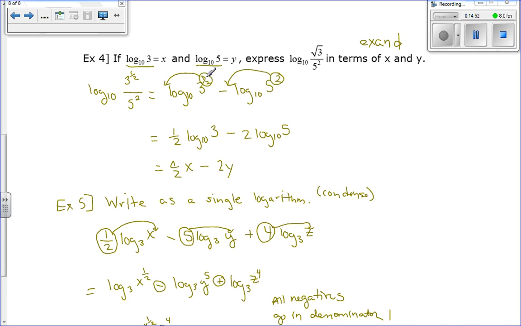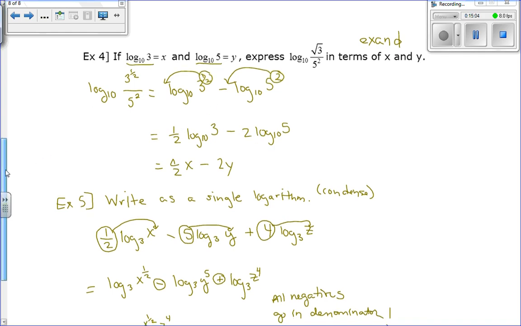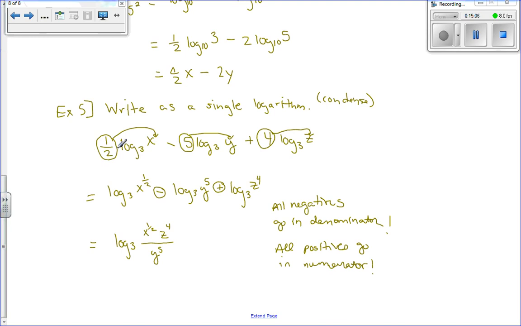We took our exponents and put them out in front, we subtracted because it was division, and then we made a substitution for x and y. Here, it was already expanded and we needed to condense it. So we take the coefficients and put them into the exponents, and then we have a subtraction and an addition, and the subtractions go in the denominator and the additions go in the numerator.